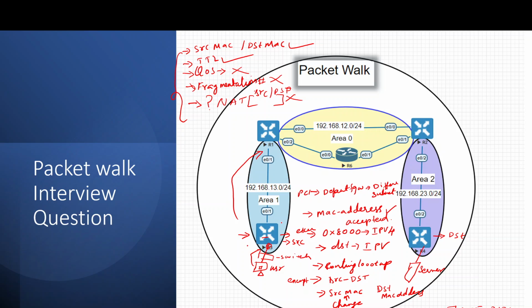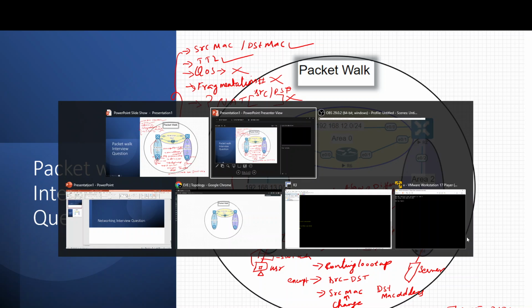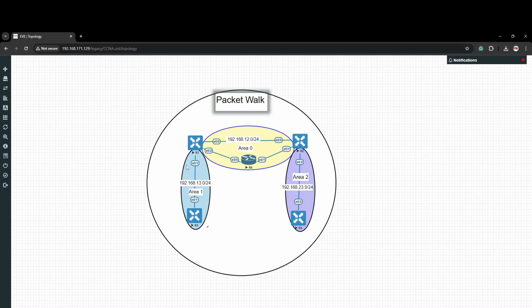We will see this in the lab also, as I have already set up the lab. So let's go to the lab so that we can see the answers. This is the topology that I'm going to explain for the packet walk. I already pre-configured the network.